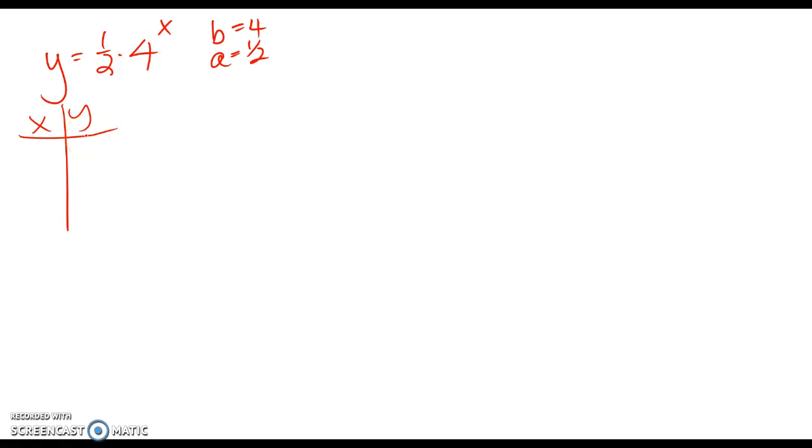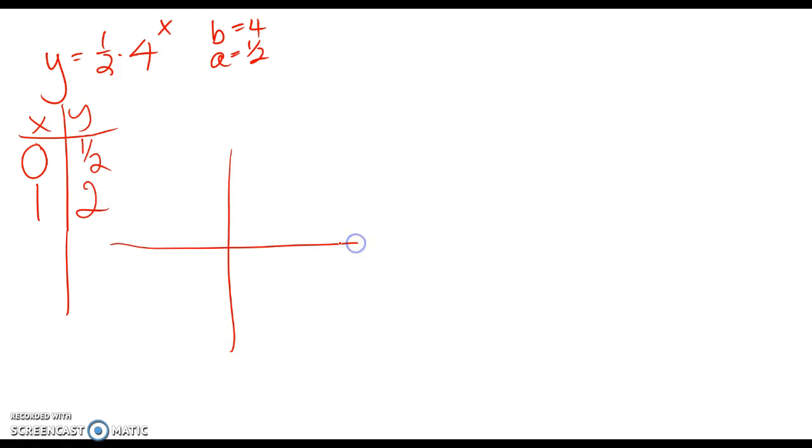When x is 0, 4 to the 0 will be 1, and y in this case will be 1/2, won't it? When x is 1, 4 to the 1 is 4, times 1/2 is 2, and so on. So this graph is 0, 1/2, 1, 2, looks like this.